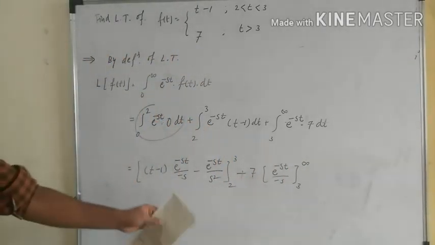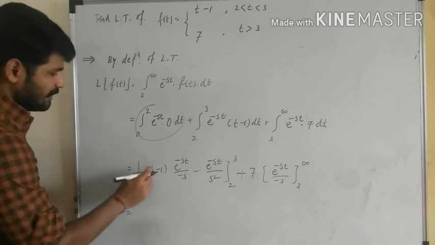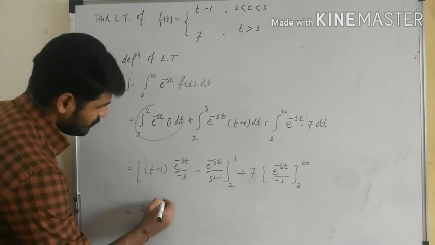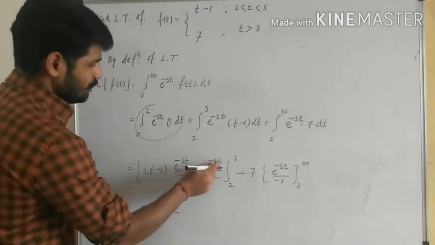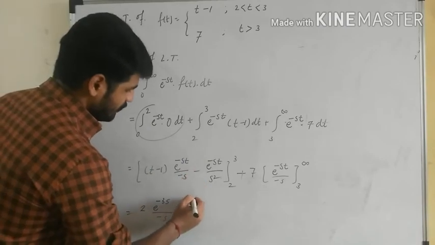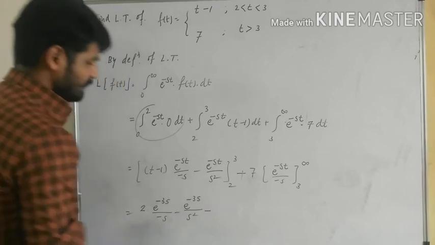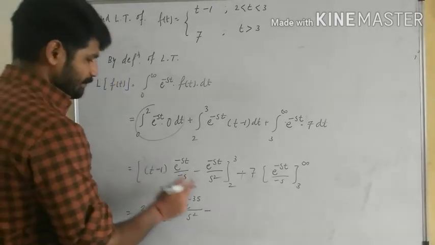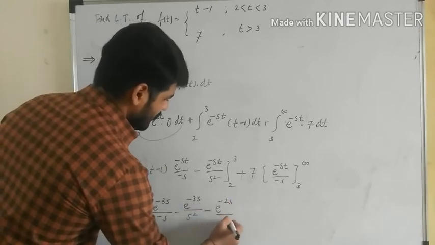Now substitute upper limit as well as lower limit. If we put the upper limit, we get 3 minus 1, that is 2. So 2 into e raised to minus 3s divided by minus s, minus, if we put the upper limit here, we get e raised to minus 3s divided by s square, minus. Now if we put the lower limit, 2 minus 1 is 1 into e raised to minus 2s divided by minus s.